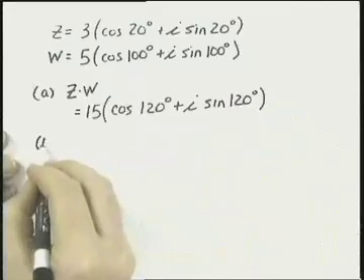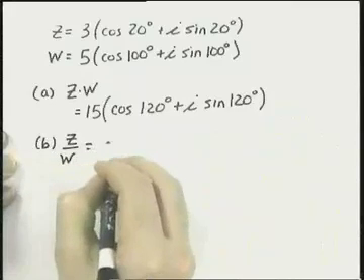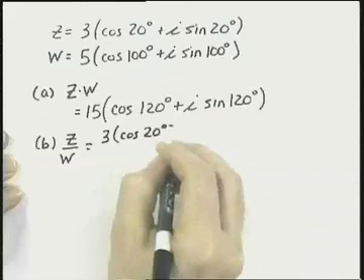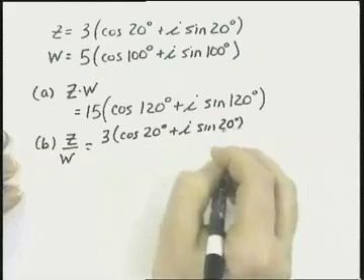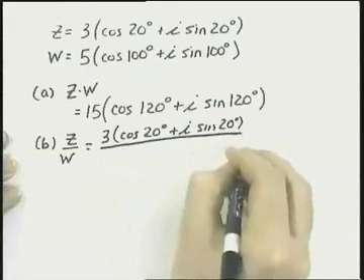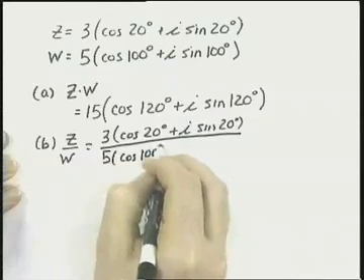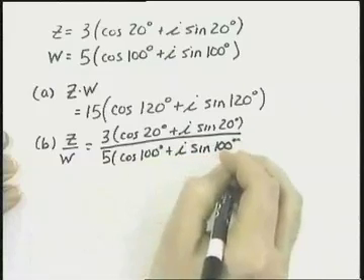Now we're going to find z divided by w. To find z divided by w, that would be 3 times the cosine of 20 degrees plus I times the sine of 20 degrees over 5 times the cosine of 100 degrees plus I times the sine of 100 degrees.